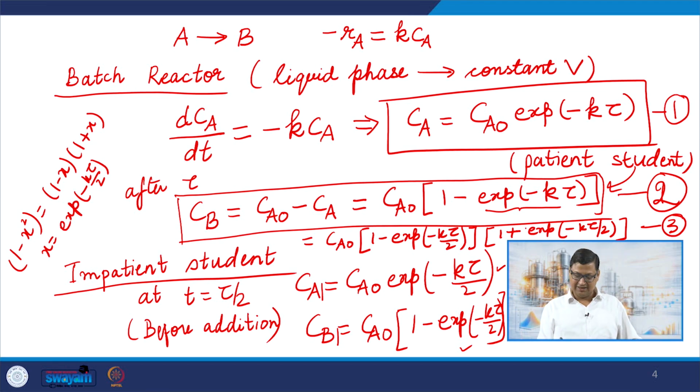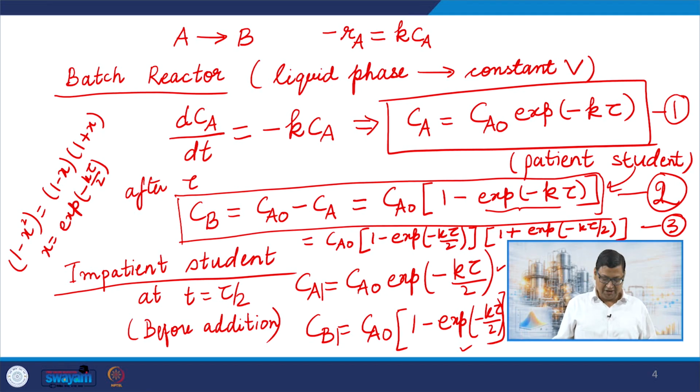So, clearly the concentration that we get by equation 3 is more than the concentration we get in the impatient student case. So, therefore, the impatient student will have lower concentration of B at time tau, and therefore, the impatient student will not be able to finish early, because the concentration of B he is getting is smaller than compared to the case of a patient student, right.